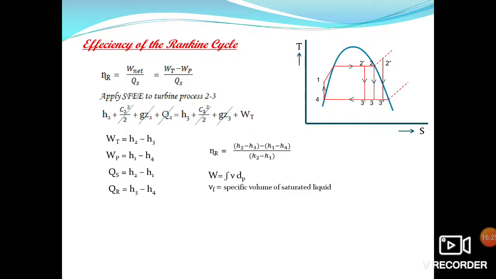So sometimes during calculation we neglect the pump work, and if we neglect the pump work, then the efficiency becomes Wt upon Qs, because pump work is 0 in this case. Therefore efficiency of Rankine cycle becomes H2 minus H3 upon H2 minus H1. So this is the expression for Rankine cycle efficiency without the pump work.